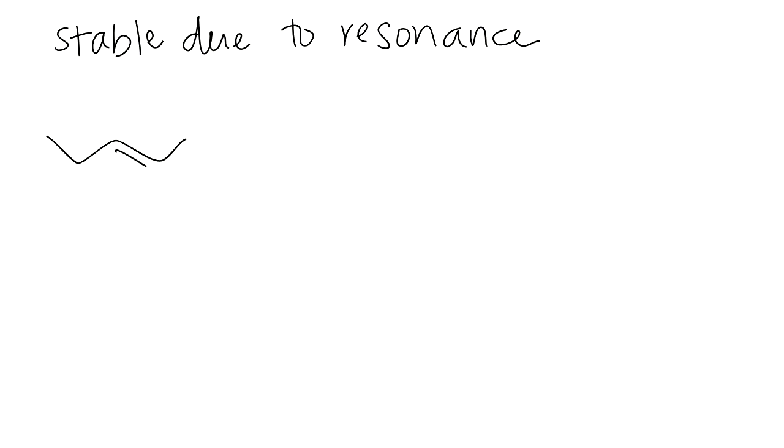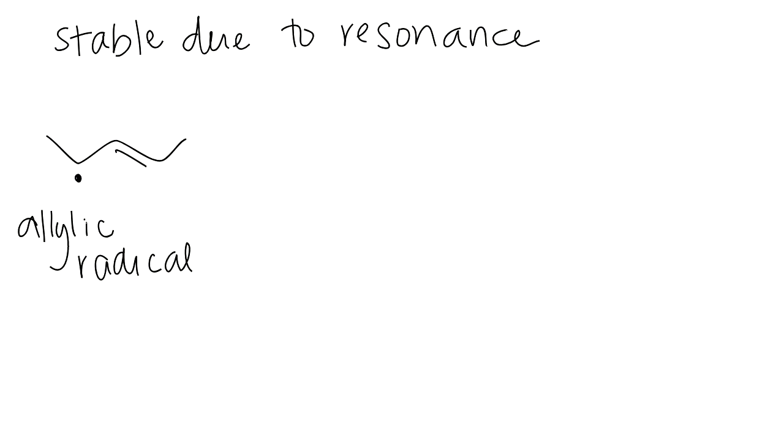Remember, a radical means that we are looking at one lone electron, an unpaired electron, in the allylic position. This is our allylic radical.